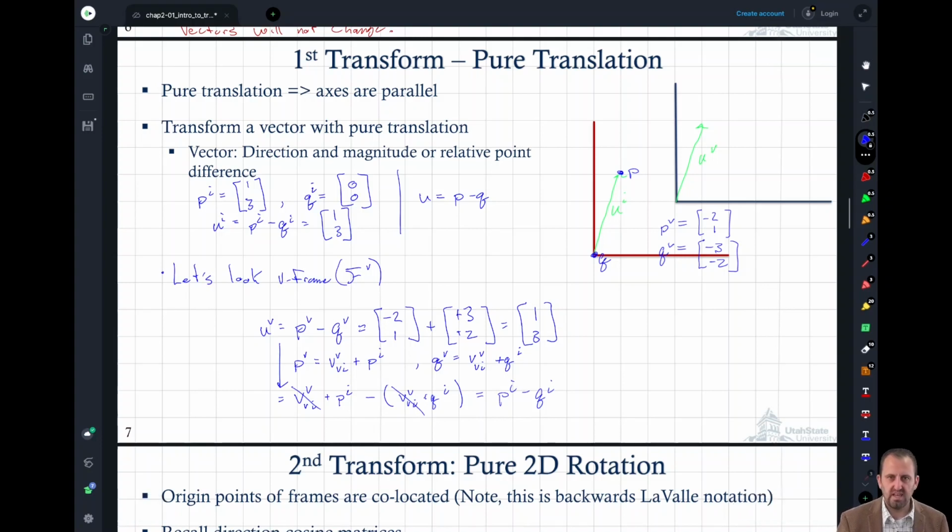So we can see that the vector that defines the translation just cancels out. So it's really nice, so keep that in mind. If we're just doing pure translation with vectors, we can simply write them in either one of the frames. It's going to be the same.